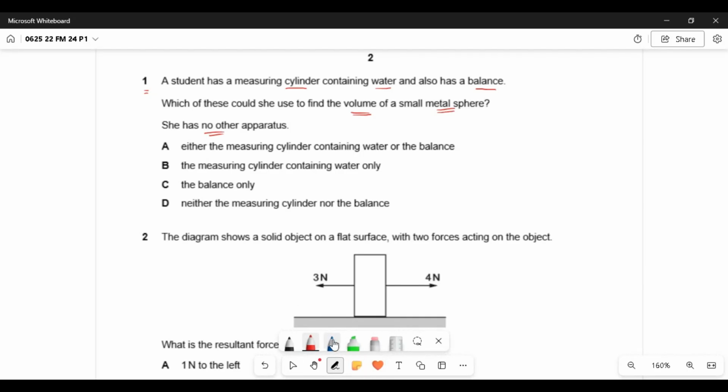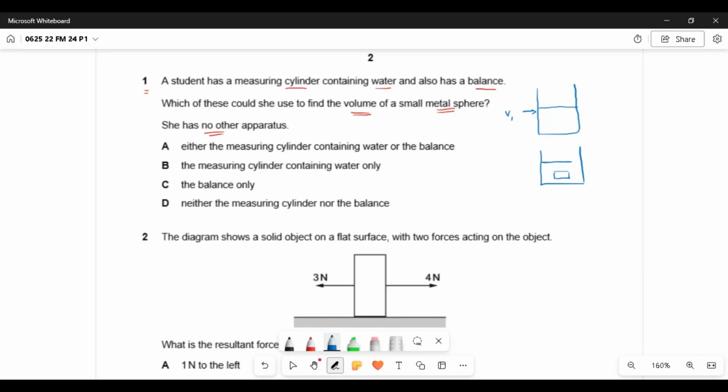So here we need to remember that to find the volume of the metal piece, we need a measuring cylinder, and that measuring cylinder should be filled with some liquid or water. We need to find the first volume of the water, let's say V1, and then we have to insert the metal piece inside it.